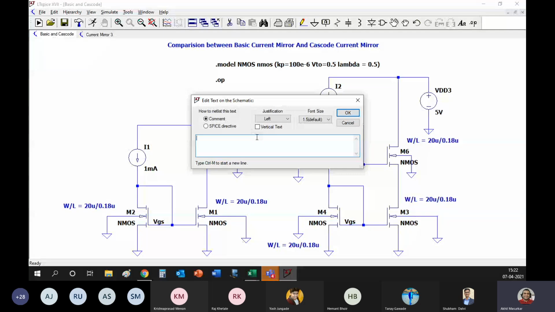And here I would write current in reference equal to current in mirror. So current in reference, here reference is M1 in the first case, and current in mirror is M2, M1 and M2 the other way around.